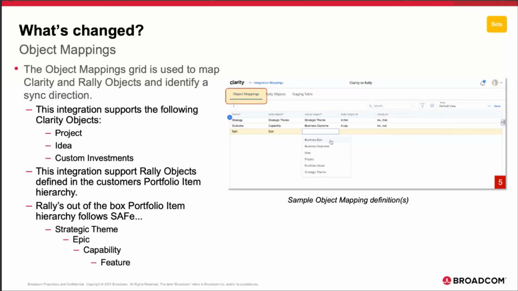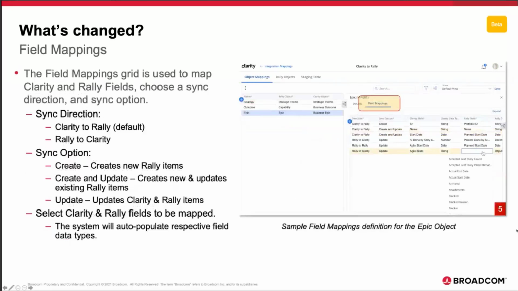You're just aligning your Clarity objects. In many cases, it's going to be a custom investment. So strategic theme, business outcome, epic, and you're going to be syncing those with the Rally objects, which represent the portfolio item hierarchy names.